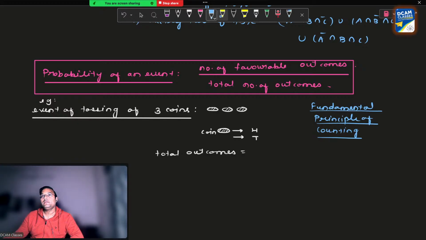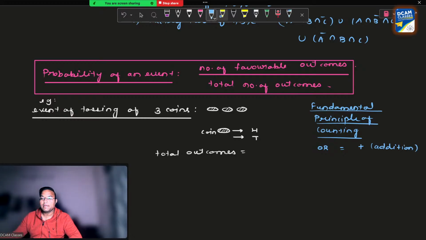Whenever we are calculating things in probability or discussing theoretically, whenever I come across the term "or", that means addition is to be done.